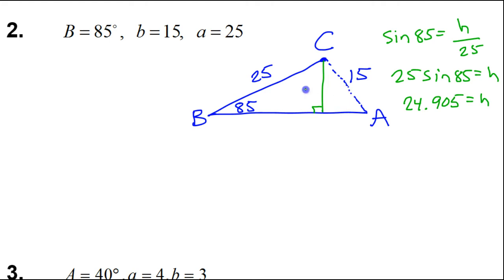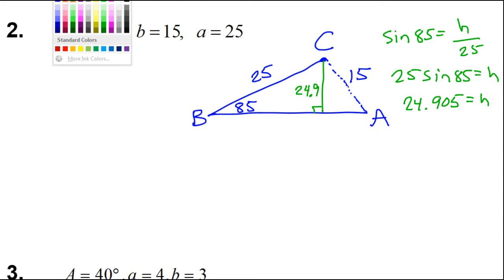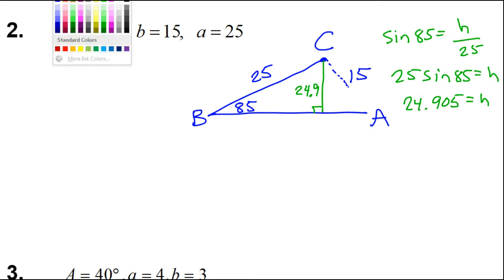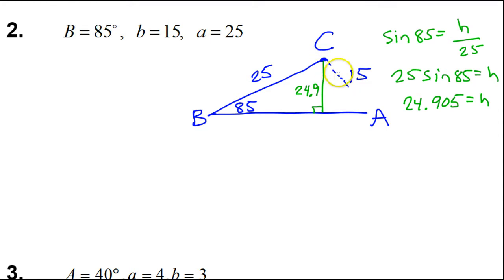If my height is 24, and I'm just going to round this to 24.9 because that's enough for me to make my point, the question is, will the swing side reach to the other side? And the answer is going to be no. The swing side is not going to reach because the swing side is only length 15.